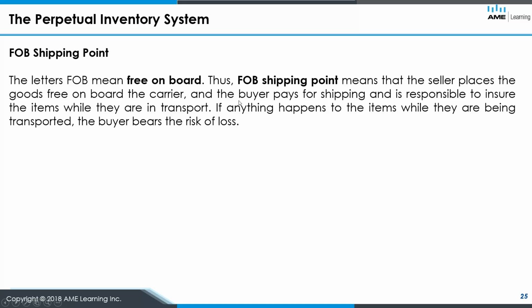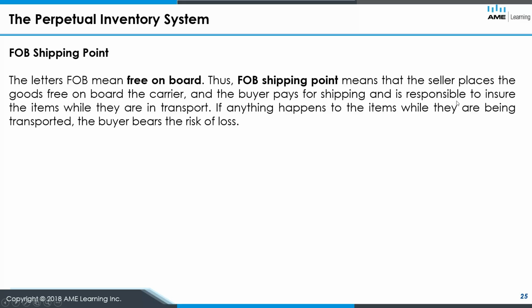In this instance, the buyer buys the products. They own those products at the time that they leave the seller's shipping location, essentially. And so the buyer owns those products right as they leave the warehouse of the manufacturer, and the buyer, us, the merchandiser in this instance, pays for the shipping costs.